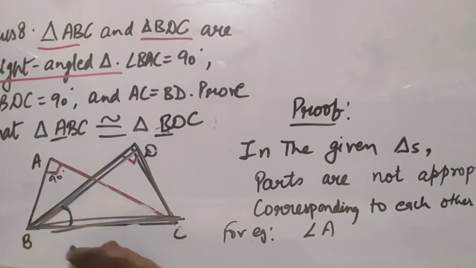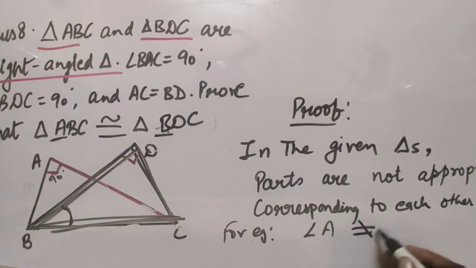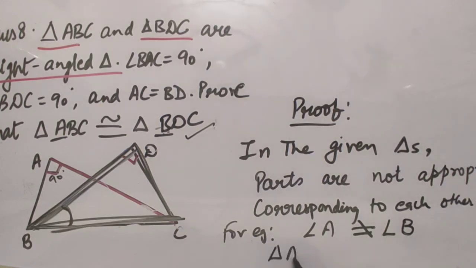So we can clearly see that angle A is not at all equal to angle B. So from the very first point we can clarify that the corresponding parts, as per the sequence of the triangle given, are not at all correct. So in this manner triangle ABC is not congruent to triangle BDC, right? I hope it is clear to everyone.